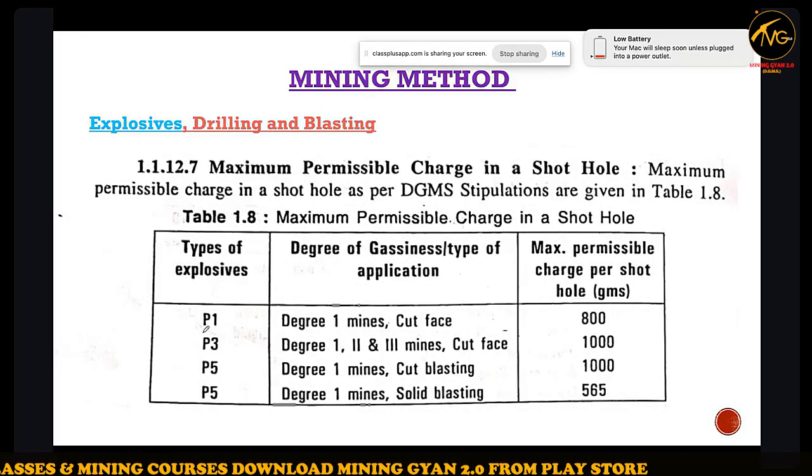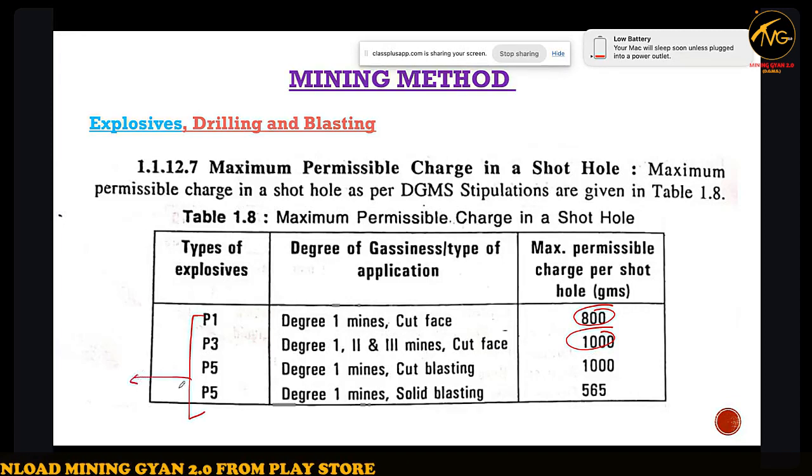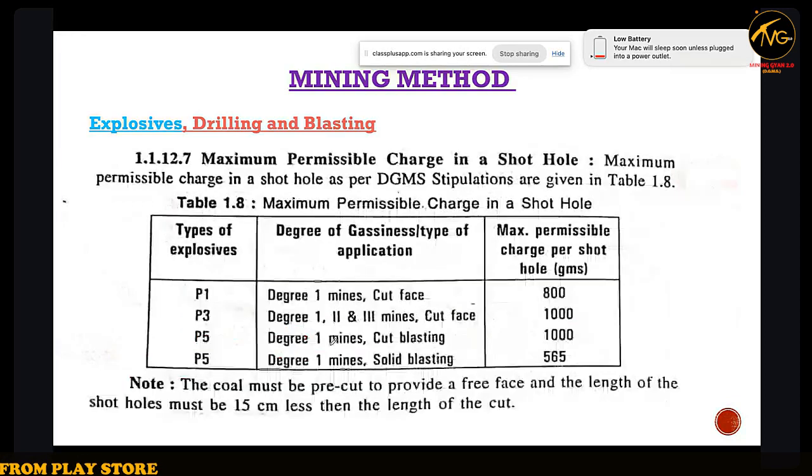For P1, P3, P5 the maximum amounts are 800, 1000 and 565. P1, P3, P5 we can use for the cut face, but P3 is only used for degree 1, degree 2, degree 3. P5 is used for solid blasting.